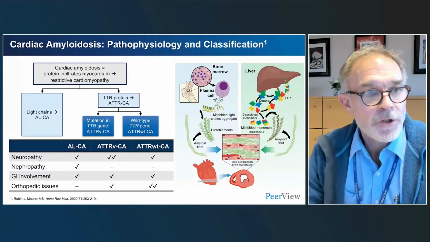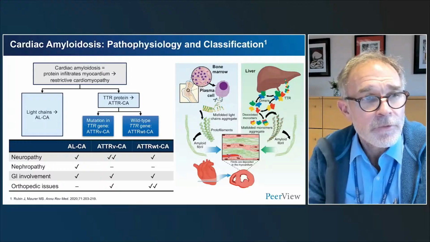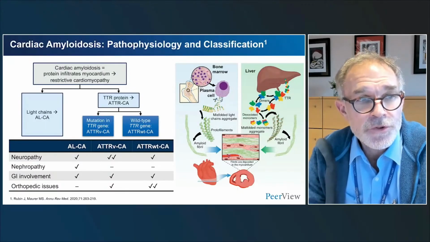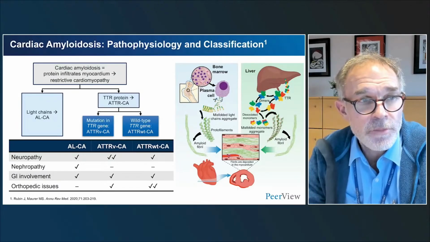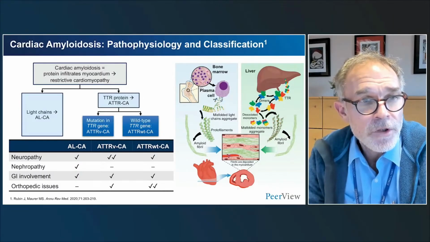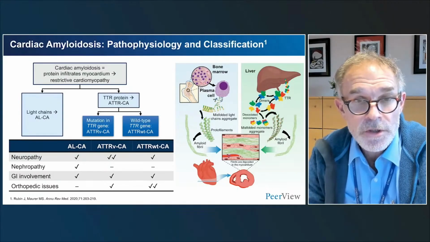So, amyloidosis can affect the heart, or is characterized by infiltration of amyloid fibrils in the heart. And the fibrils can be composed either of light chains derived from a monoclonal, usually plasma cell dyscrasia, which is formed in the bone marrow, or the amyloid fibrils can be derived from the TTR protein, which is produced almost exclusively in the liver.